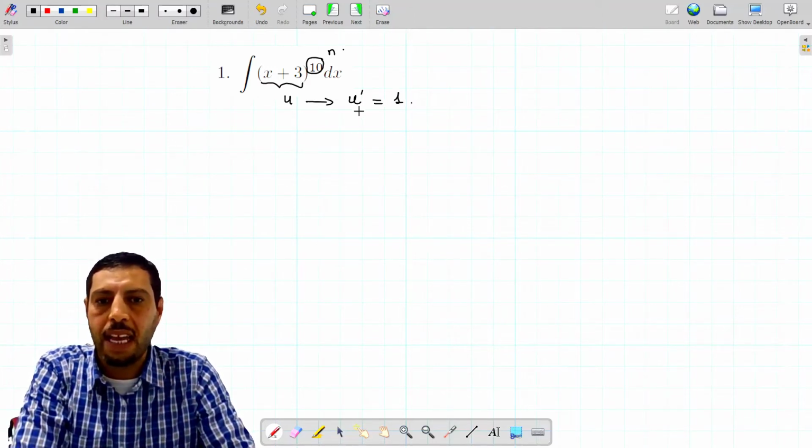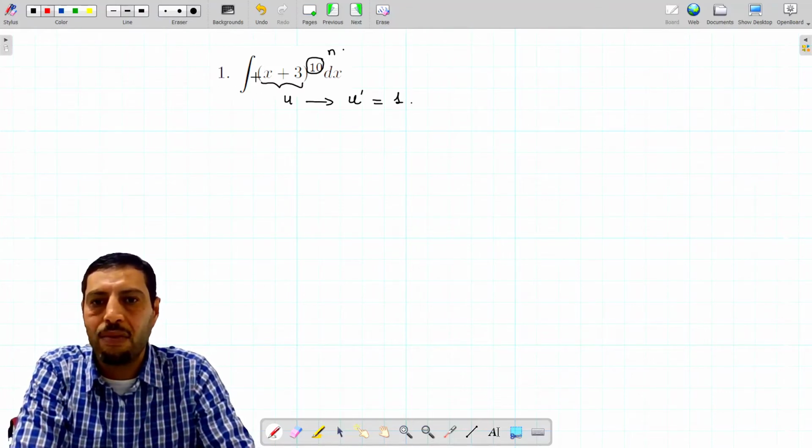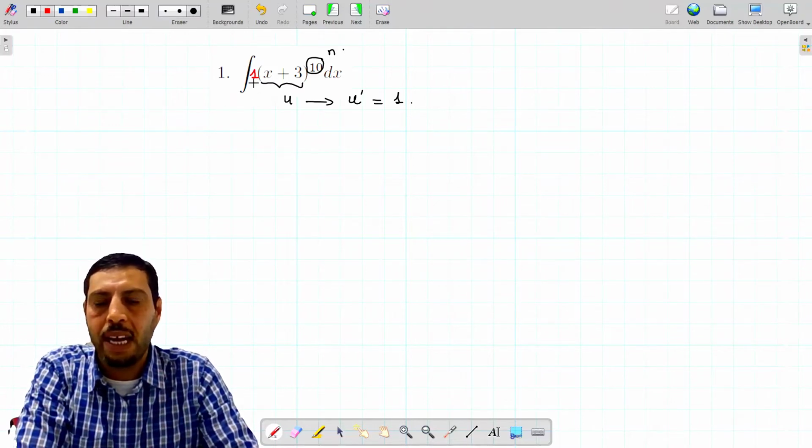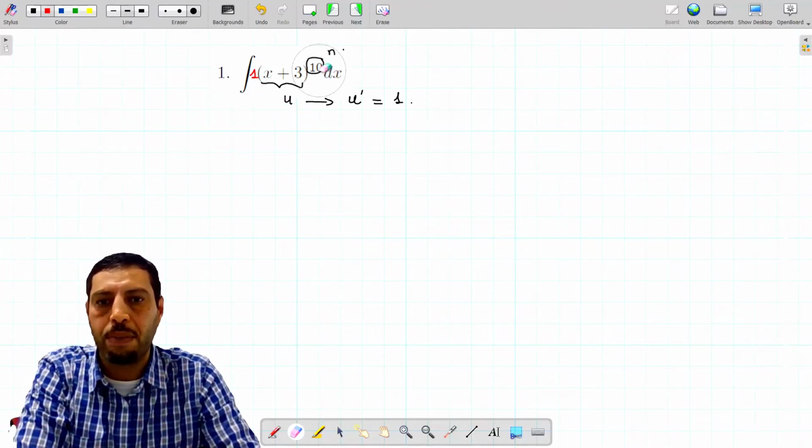Now I will check that I have u prime u to the power of n, and of course there is a hidden one here. So I can read this integral as the integral of u prime u to the power of n, and I can apply my power rule, and the power rule says that the integral of u prime u to the power of n is u to the power of n plus 1 over n plus 1 plus c.